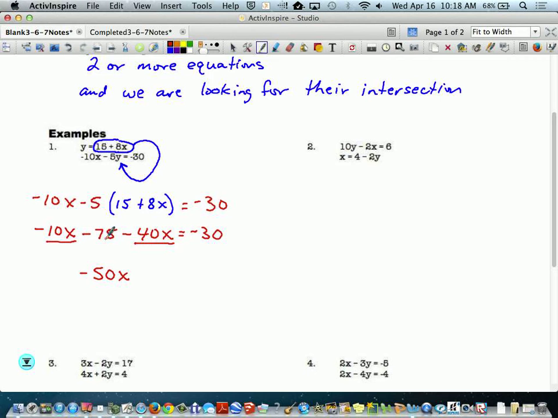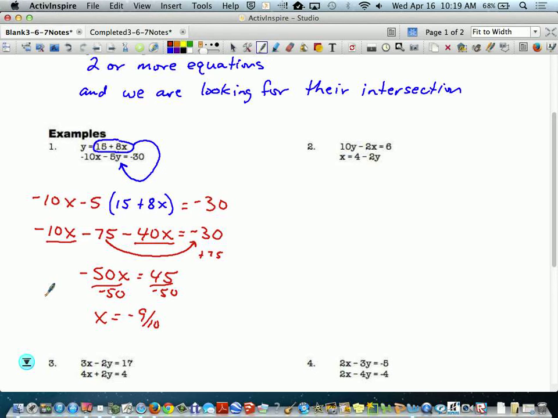I'm going to send the negative 75 to this side, and we add it, right? So I add 75, and I'm getting 45. Now when I divide by negative 50 on both sides, my x is equal to, if you divide both of those by 5, looks like negative 9/10, right?